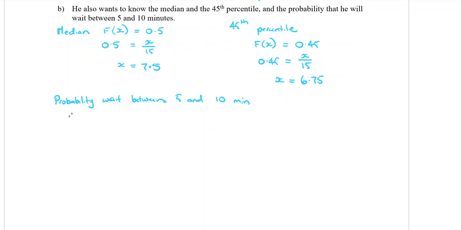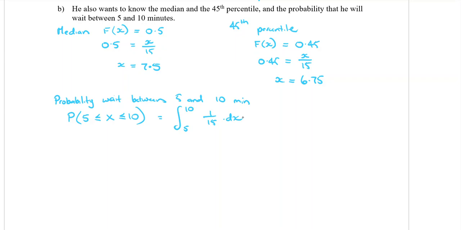Notation-wise, you would write this as the probability of my event is between 5 and 10. It's notation, okay? I could do this as an integral. I could put this into an integral here where I'm integrating between 5 and 10, and I'm integrating the PDF function 1 over 15 dx.